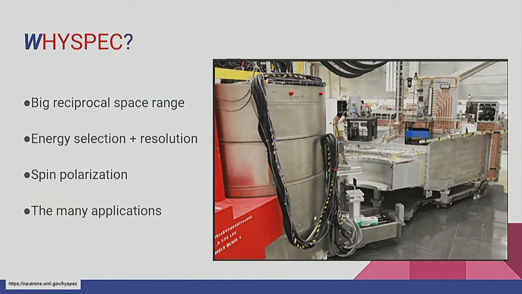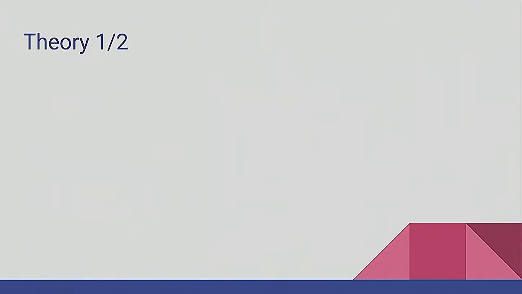The spin polarization is really what sets it apart from a lot of the other spectrometers at Oak Ridge. And there are just so many applications. You can change out the sample environments and whatnot. So I think after this talk, or at least maybe even now, you'll notice that HighSpec really is the best for a very limited number of experiments.